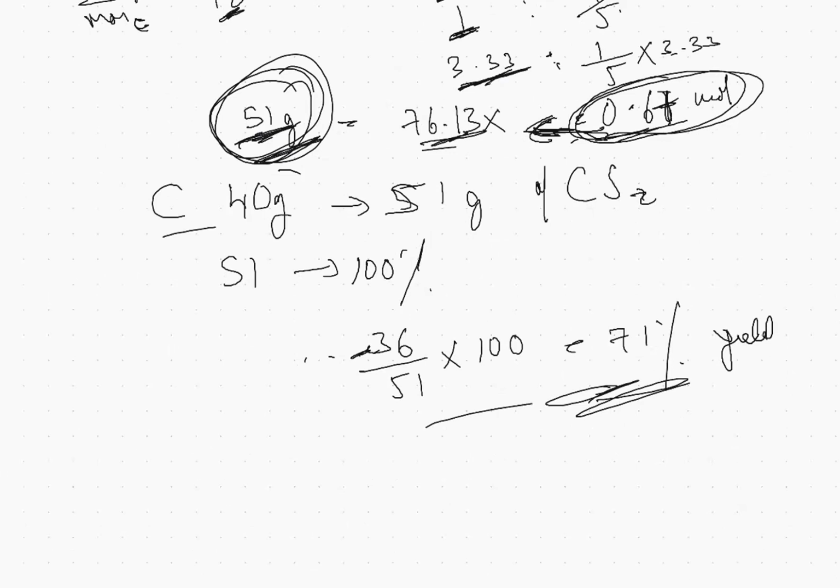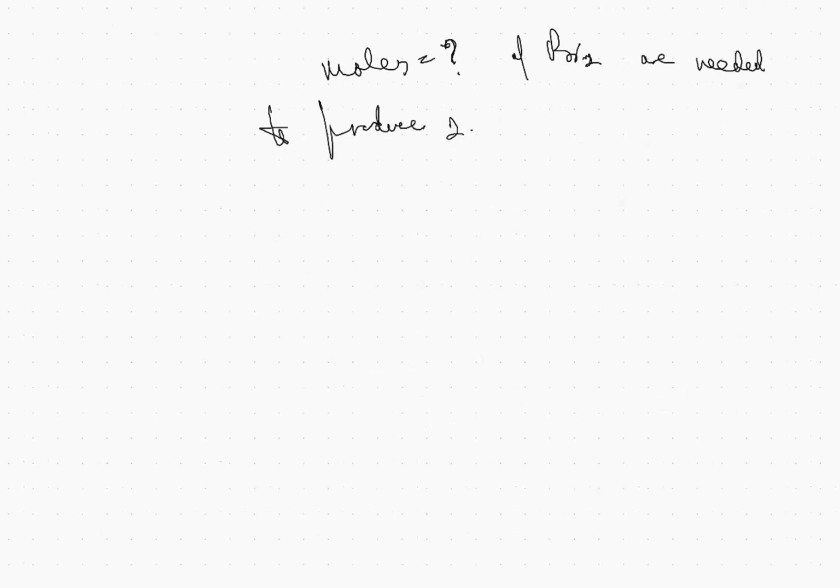The next question. They're asking how many moles of bromine are needed to produce 5 moles of Al2Br6.